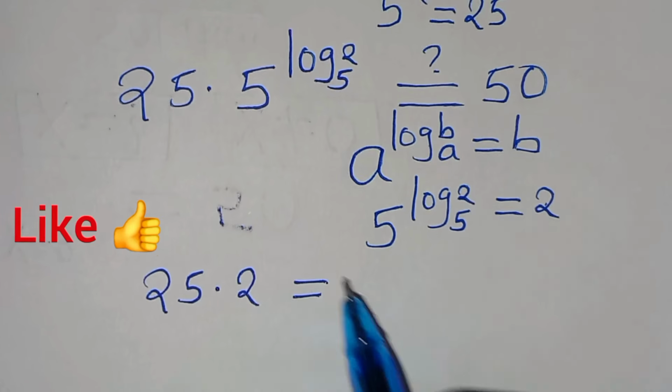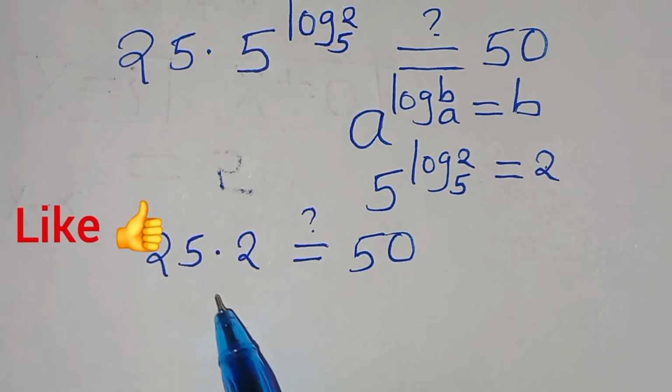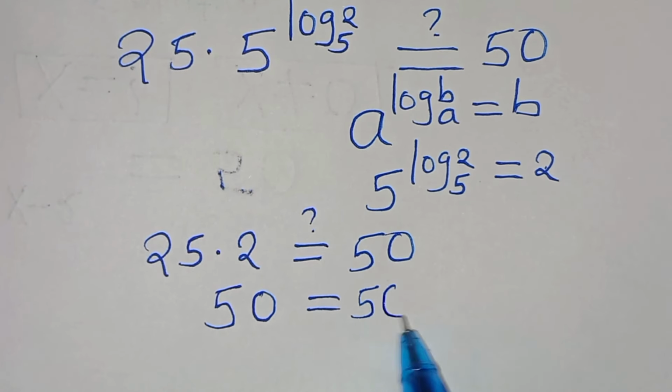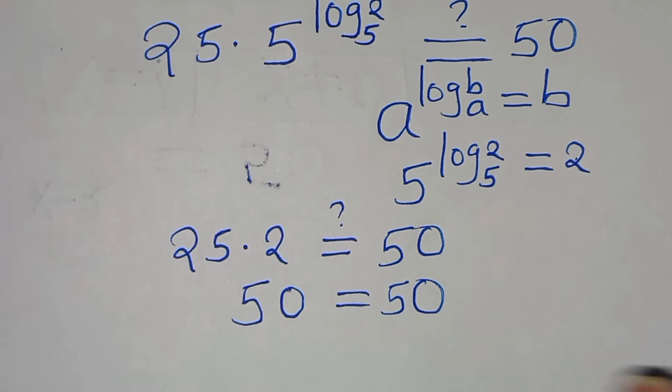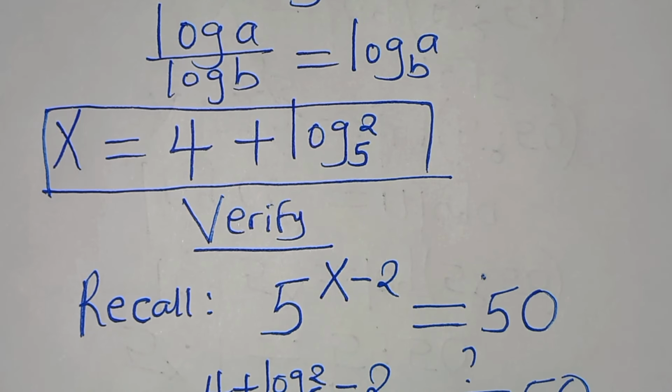This should give us a value of 50. Now, 25 times 2 is actually equal to 50, which is equal to 50. So this implies that the left-hand side is equal to the right-hand side. And therefore, this implies that the value of x, which is 4 plus log 2 to base 5, actually satisfies the equation.